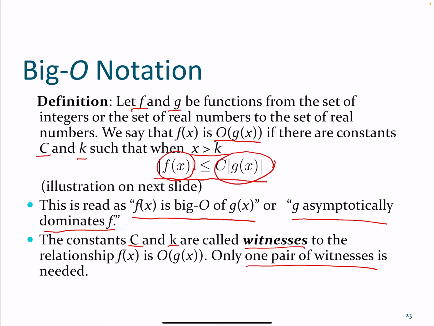The true meaning behind big O notation is that after x is greater than a certain number k, the absolute value of f(x) is dominated by the absolute value of g(x). That means the growth of the function f is dominated by the growth of the function g.